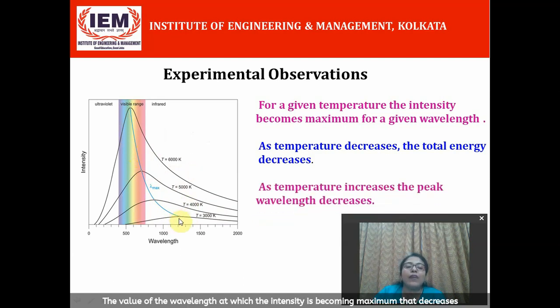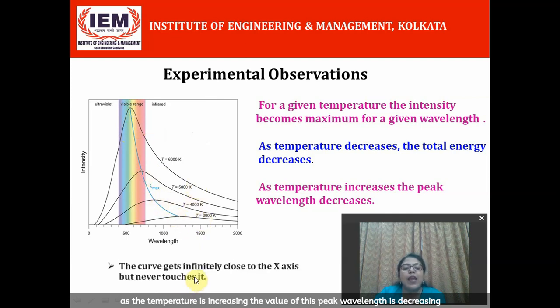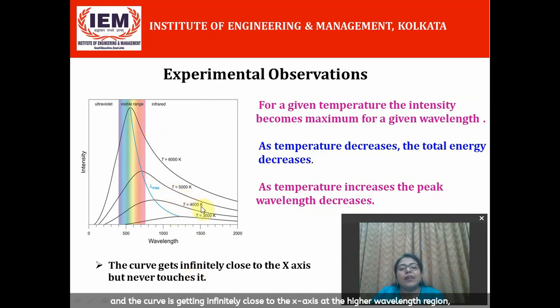The wavelength at which the intensity becomes maximum decreases as the temperature increases. This wavelength is called the peak wavelength, and as the temperature is increasing, the value of this peak wavelength is decreasing. And the curve gets infinitely close to the x-axis at the higher wavelength region but does not touch the x-axis.